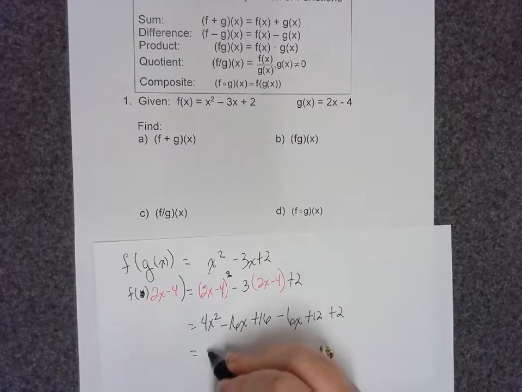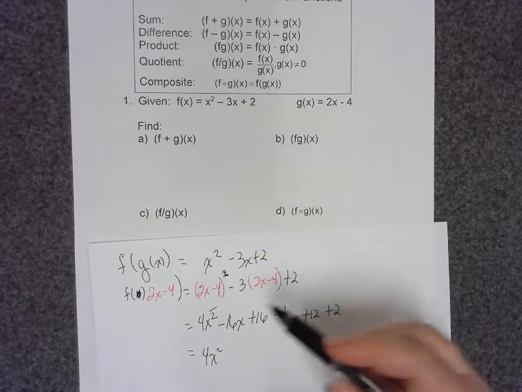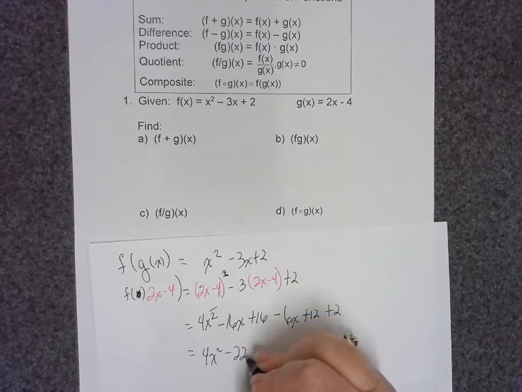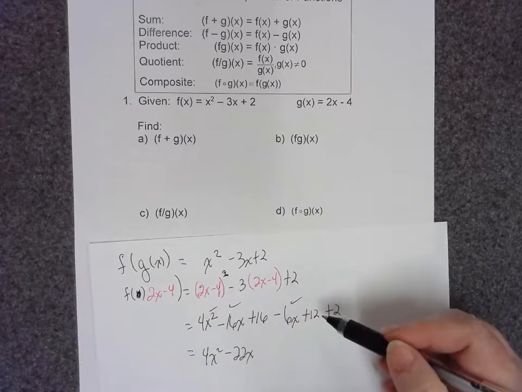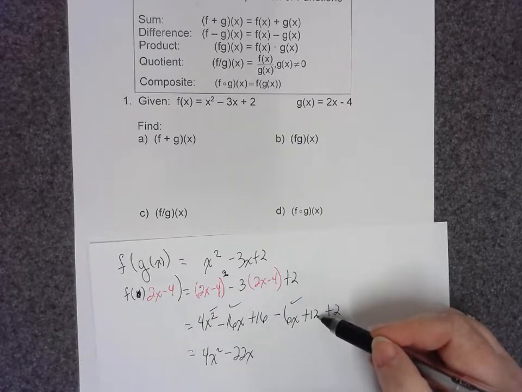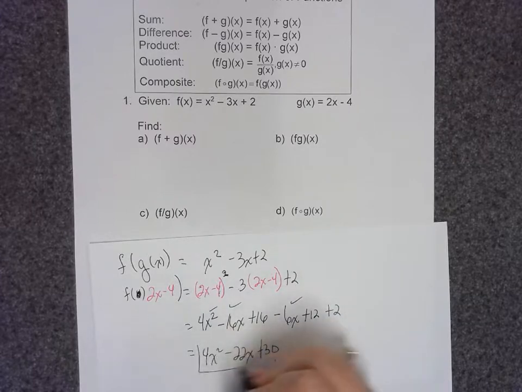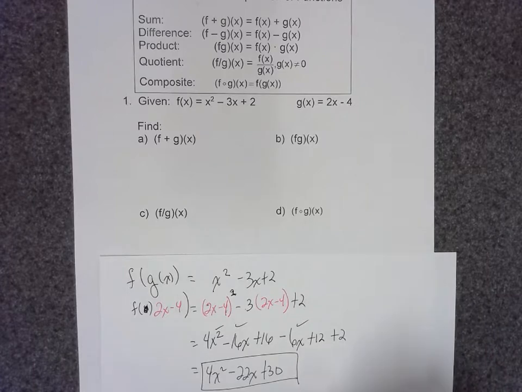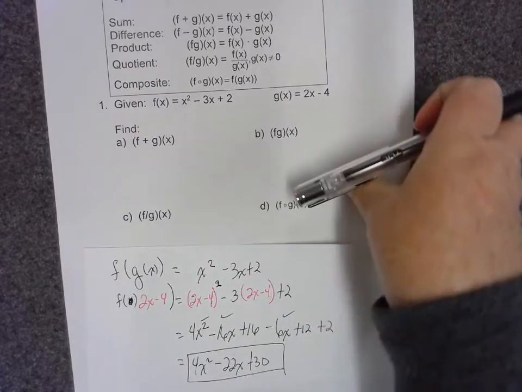So I've got 4x squared, a negative 16x and a negative 6x make negative 22x, and a positive 16 and a positive 12 give positive 28, plus another 2 gives plus 30. So that's what we get when we compose f of g of x. That's D.